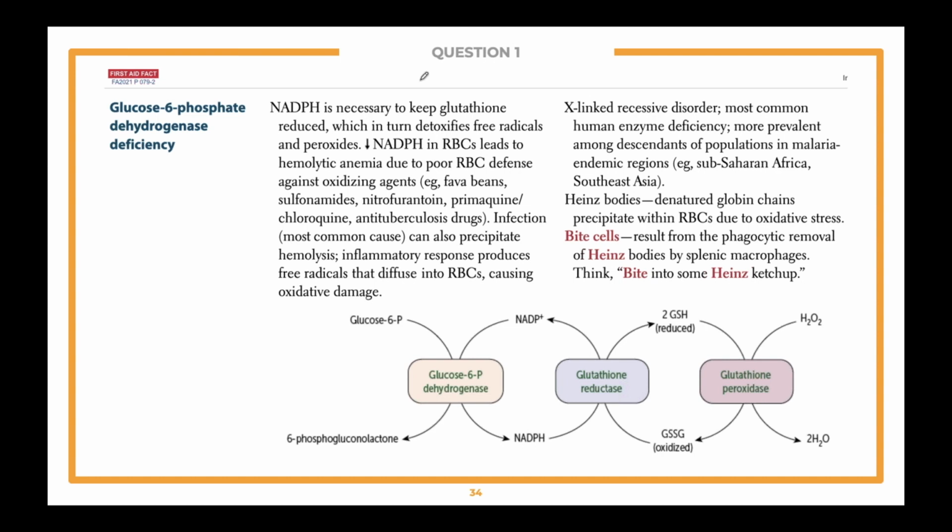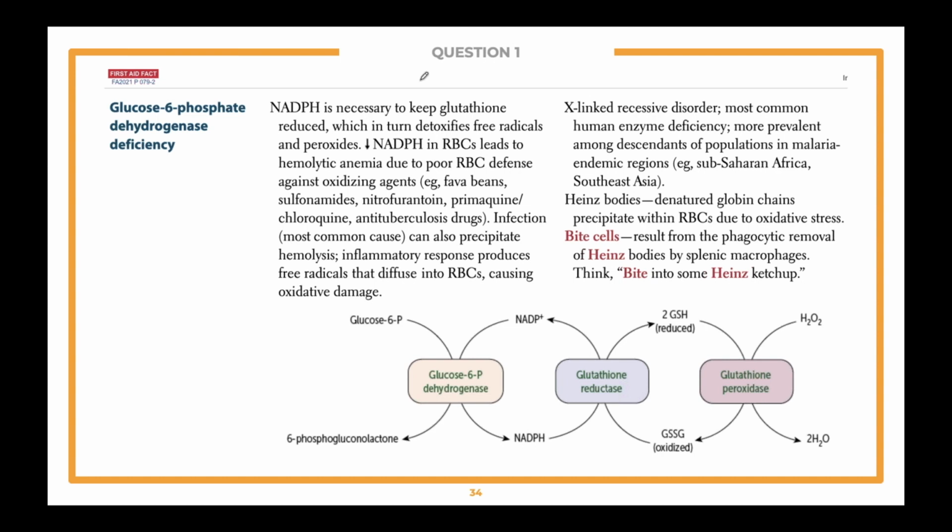So sulfa drugs, fava beans, nitrofurantoin, primaquine, all drugs that can increase oxidative stress. So as a result, you can see there that the red blood cells are more susceptible to oxidative stress, and that's because you have more oxidized glutathione.